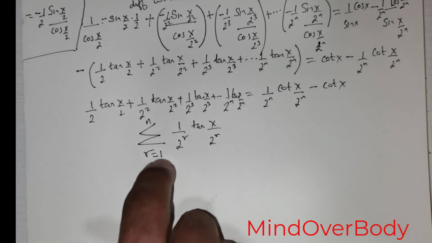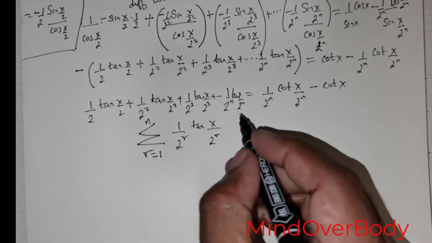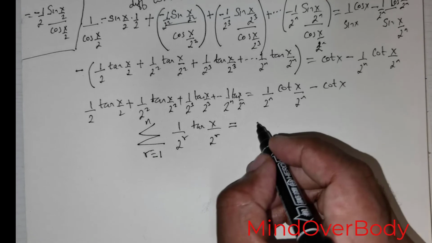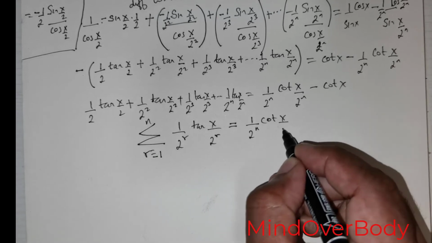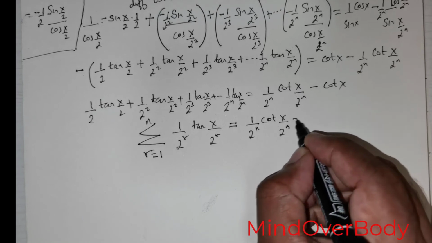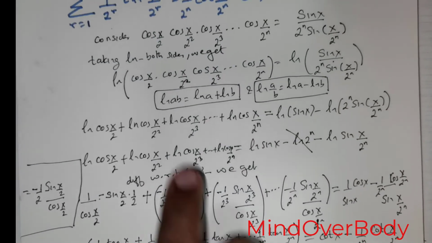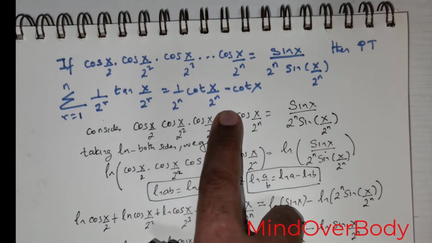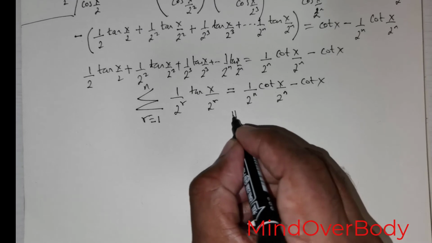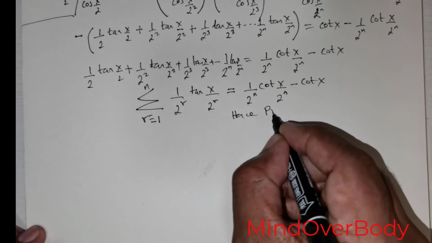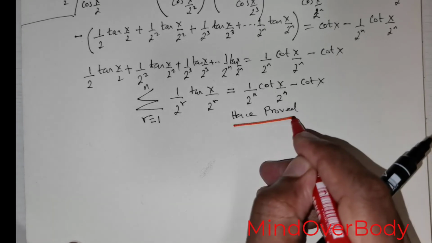The first term when r is equal to 2, the second term, r is equal to 3, the third term, and so on and so forth, which is equal to, on the right side I get 1 over 2 raised to the power of n times cot x over 2 raised to the power of n negative cot x. So what is this? This is exactly what we are required to show, right? So we can state that it's proved, and that's a good place for us to draw the red line.